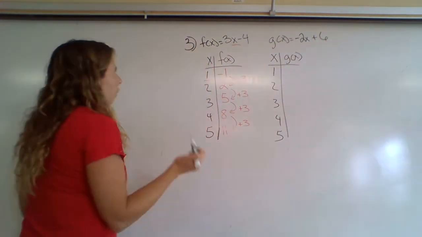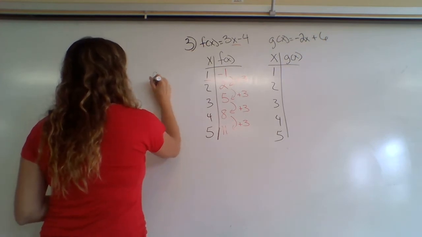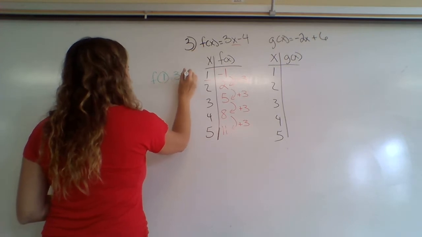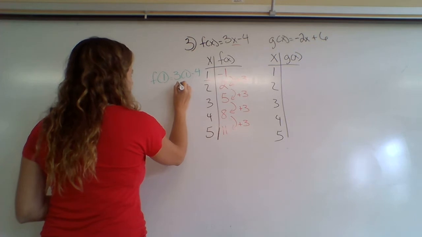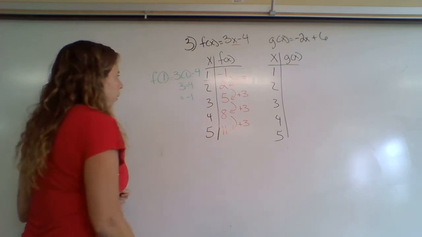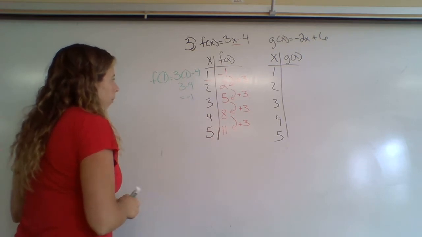I'm about to have a disagreement with your book. That's not good. So let's see, f of x, so I'm substituting in 1. So f of 1 equals 3 times 1 minus 4. 3 times 1 is 3, minus 4 is negative 1. And then you would just add 3 each time.